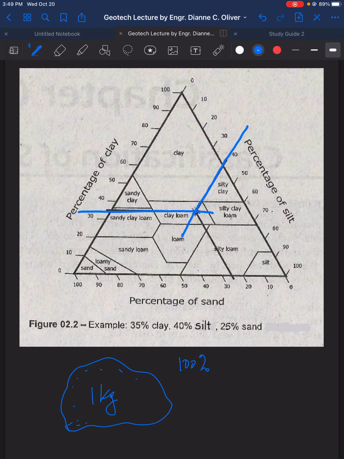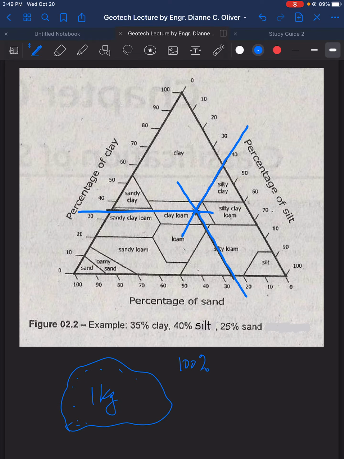Okay. And then for the sand, we have 25% of sand. Sand is at the bottom of the triangular classification. And let's look for the 25% here. And that 25% is located at this portion, and follow the slant of the line. And we have here. So to where the three lines intersect, that is the classification of the soil.